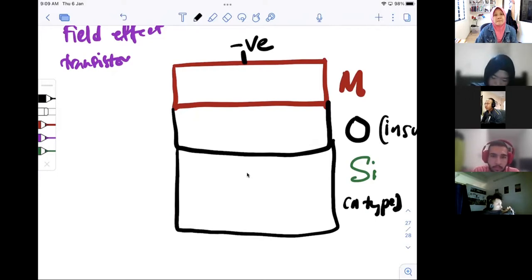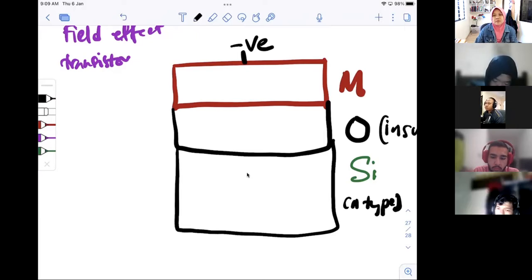Rahimi? The electrons will go downward and the minority holes will go upward. Good.